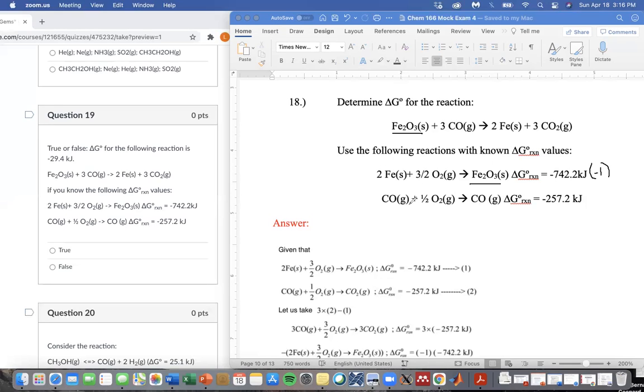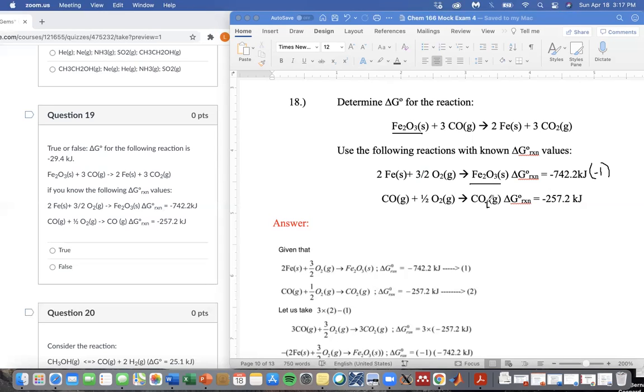But then for this one, we have 3CO going to 2Fe and then 3CO2. So no, this is actually supposed to be CO2.